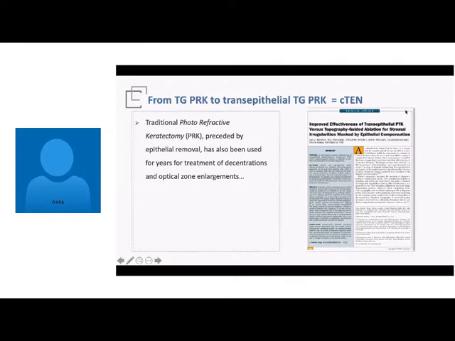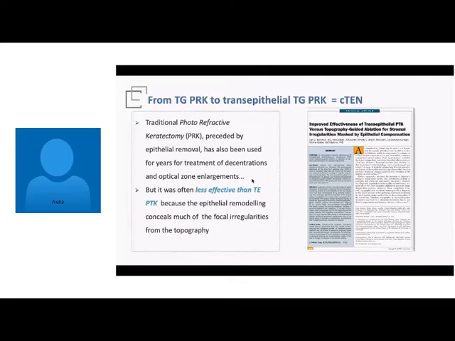So, from topography-guided PRK to transepithelial PRK, that is CTAN. Traditional photorefractive keratectomy PRK with epithelial removal has also been used for years for treatment of decentrations and optical zone enlargements in other platforms fairly successfully.